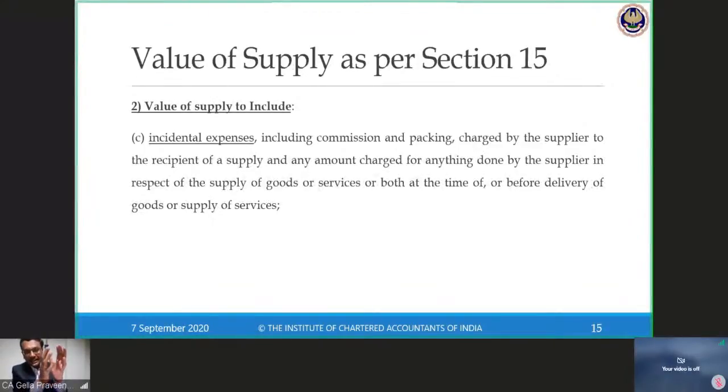So if there are incidental expenses incurred, like commission and packaging, where I charge commission or packing charges, which are charged by the supplier to the recipient of a supply, and any amount charged for anything done by the supplier in respect of supply of goods or services, both at the time of or before the delivery of goods or services, they are saying please include all these elements in your value of supply. This is what we need to understand: incidental expenses have to be included.